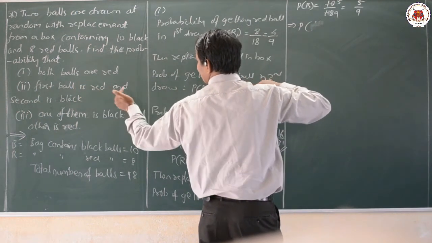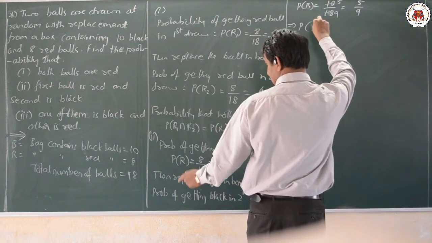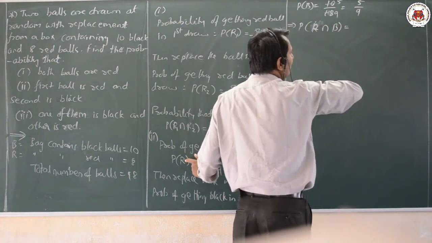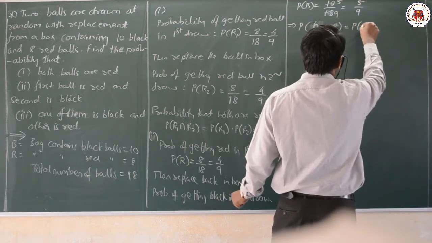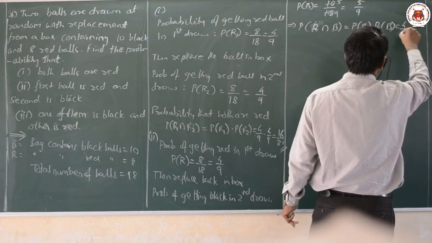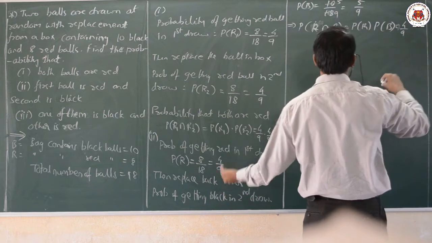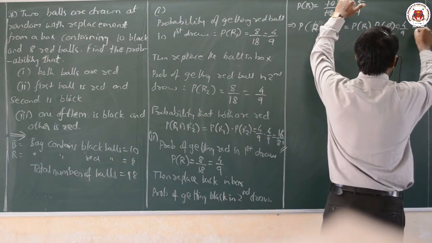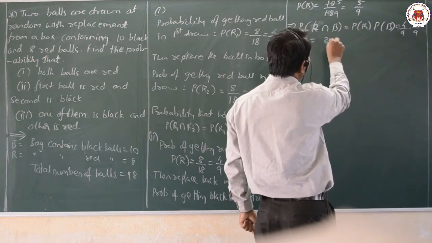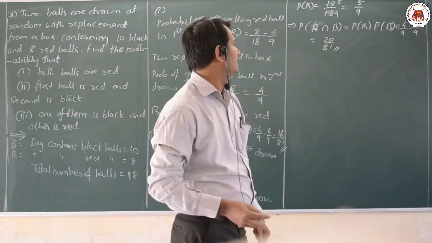That is P of R intersection B, which is P of R into P of B. The value of P of R is 4 by 9 and P of B is 5 by 9, and hence the value is 5 4s are 20 divided by 81. That is your required, very simple result.